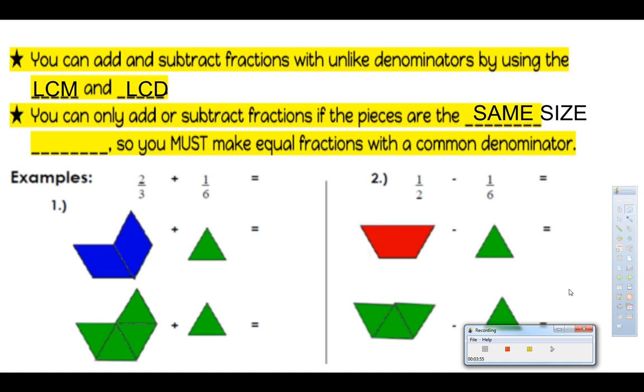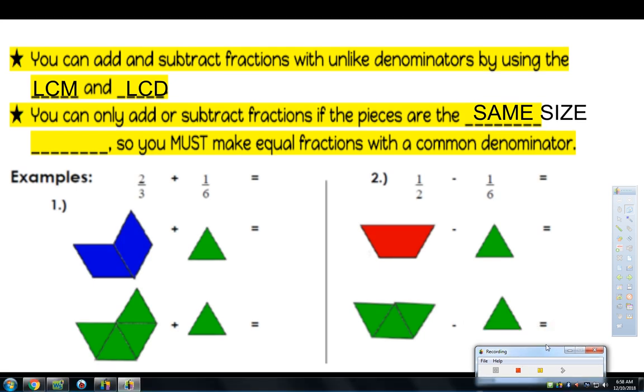So here are some visual examples. In this addition problem, I have 2/3. That's these 2 blue sections adding a green section, plus 1/6. You guys should be familiar with pattern blocks. I cannot combine blues and greens into a new shape called blue-greens.